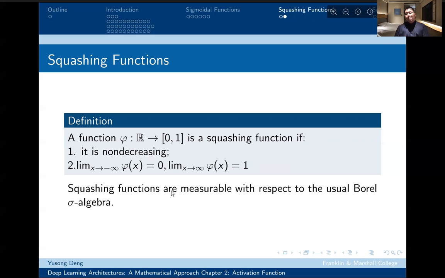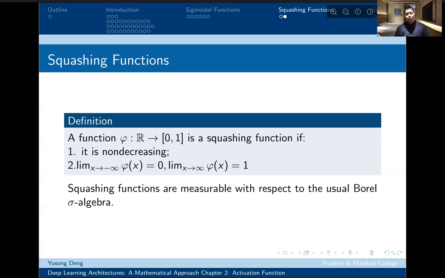So squashing functions are measurable with respect to the Euclidean Borel sigma algebra. The reason why we want to stress the squashing function here is that it is more general, and when we deal with the Borel side, this kind of function has some more advantages over the functions we specifically mentioned before.